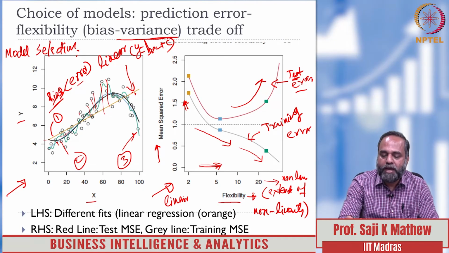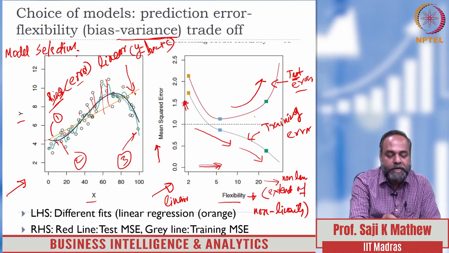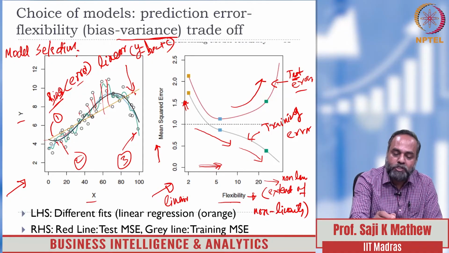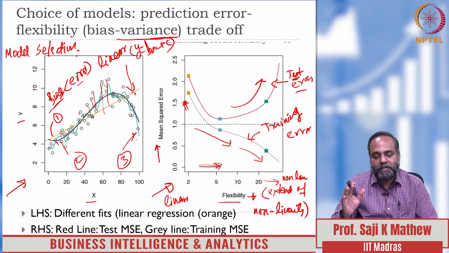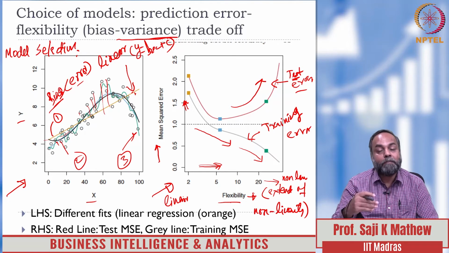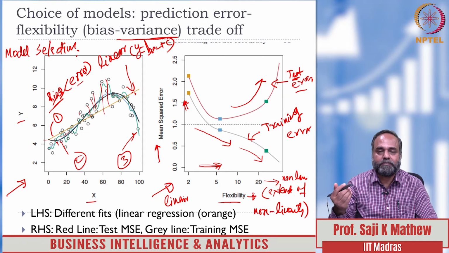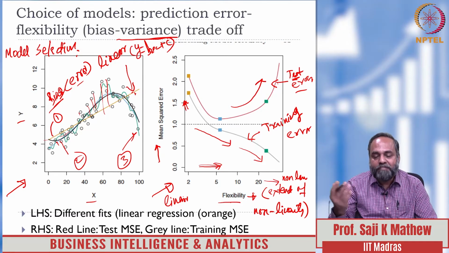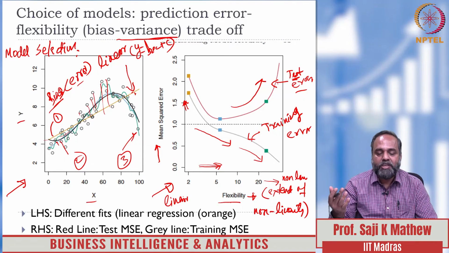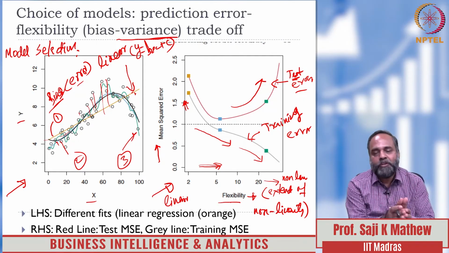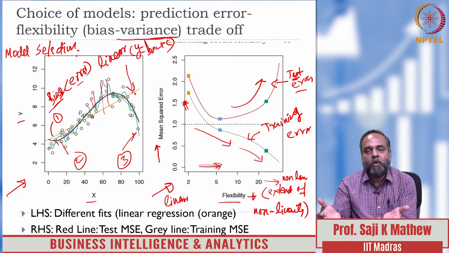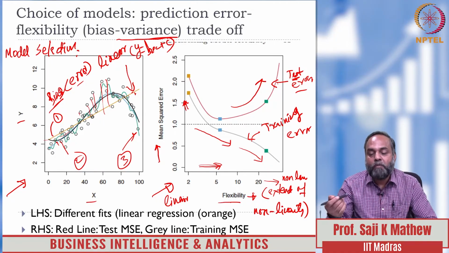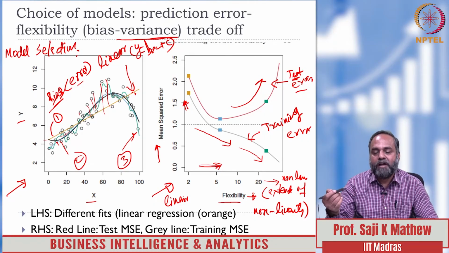When you make the model more non-linear, passing through every point, it is good for an explanatory model, but if you use it for prediction, the prediction error may be higher, because the variance of the model for different data would be very high. You may have built the model using one data set, and when you use another data set to test it, the model performs very differently. Therefore the model's prediction error goes up.